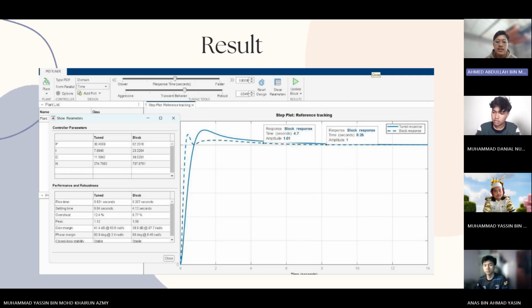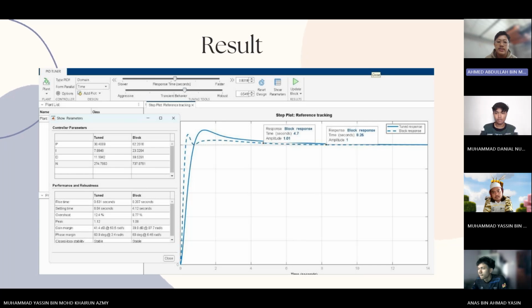The tuned system achieved a rise time of 0.531, which is under 2 seconds, and an overshoot of 1.24%, which is under the 20% requirement, and a stable response with good accuracy.